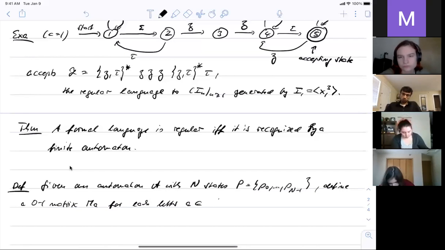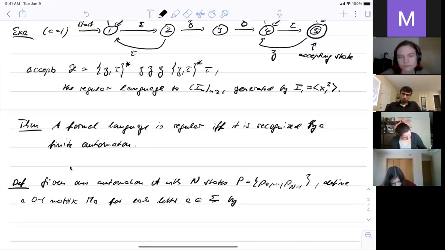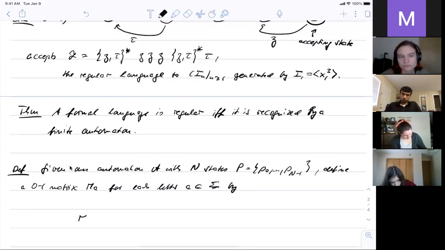A in the alphabet sigma by saying what is the entry in position ij.